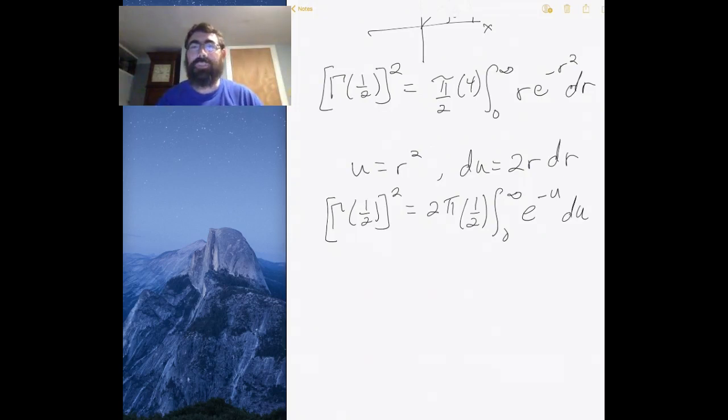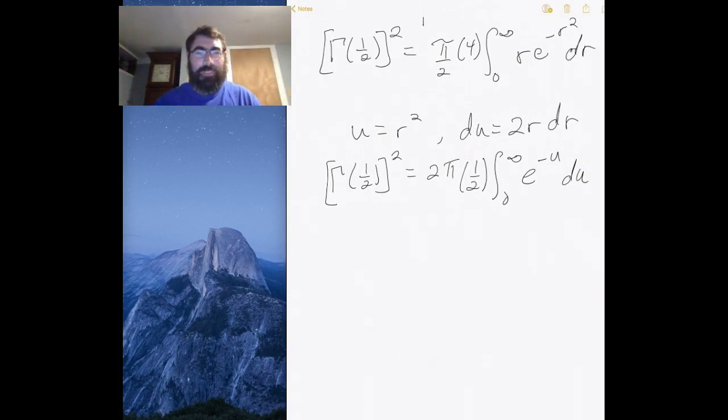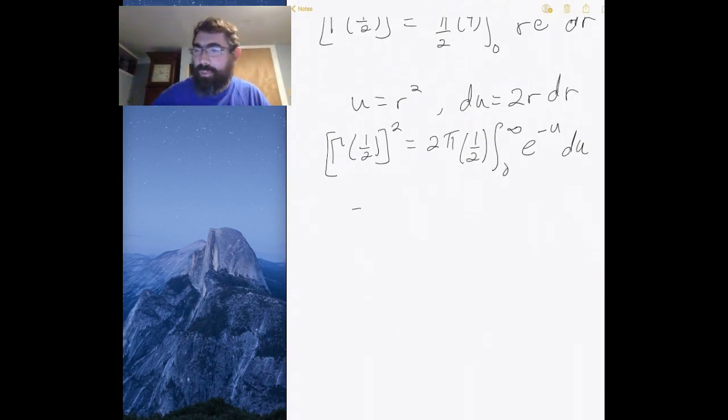Now that's an integral we've seen before, and that we can solve in our sleep. The integral of this is minus e to the minus u, evaluated from 0 to infinity, which we've done a couple times before.